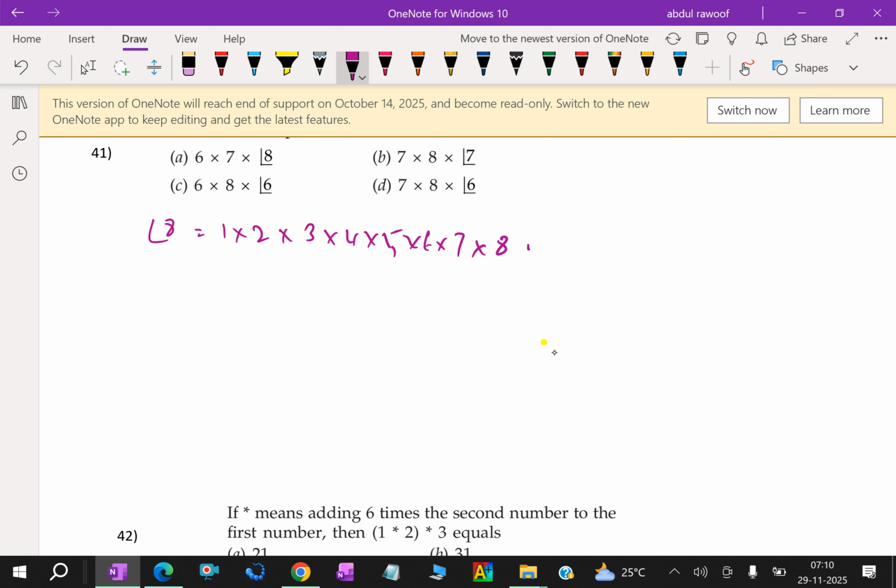Up to this we can write 6 factorial into 7 into 8. That means 8 factorial can be written as 8 sevens are 56 into 6 factorial.